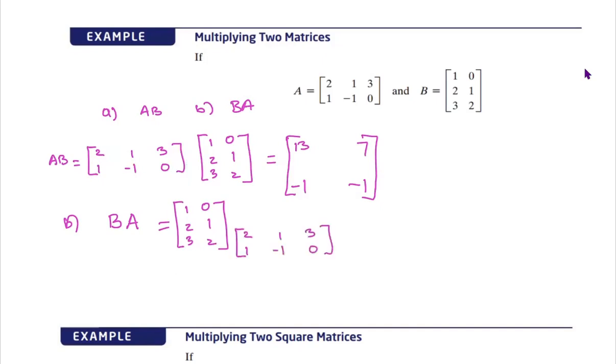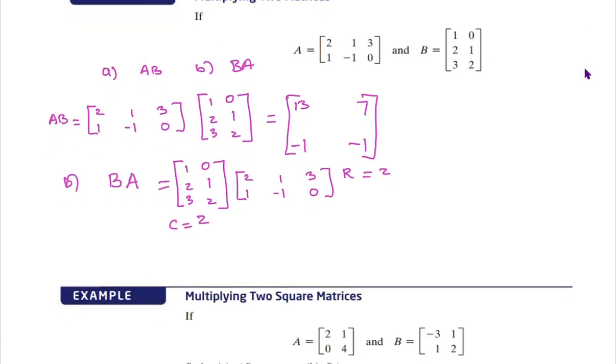So we need to check that the number of columns of B, which is 2, equals the number of rows of A, which is also 2. When we check that, it tells us that the product is possible. Next, let's see what type of matrix we're going to get.